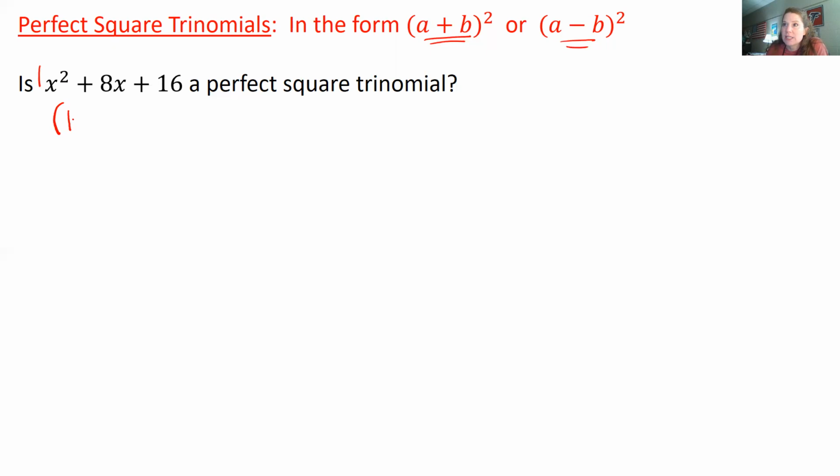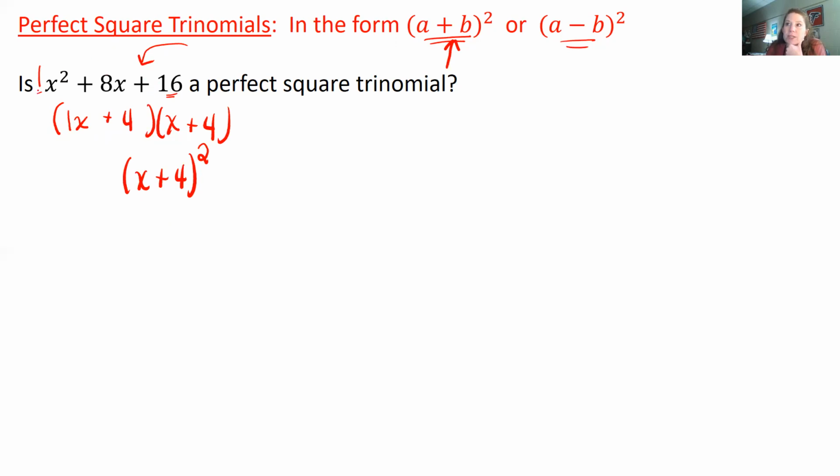The square root of x squared is x. What is the square root of 16? 4 and 4. And since we end up with basically x plus 4 times x plus 4, we can say that's squared. That goes along with this pattern, which makes this a perfect square trinomial.